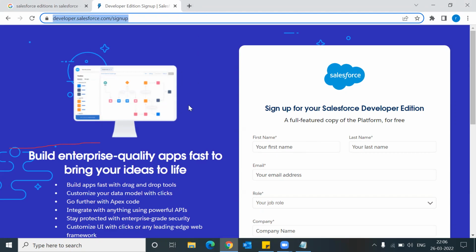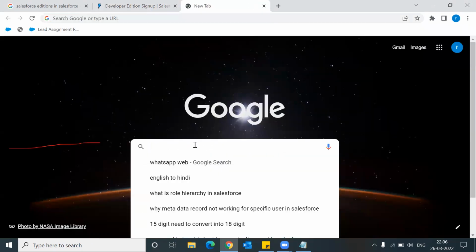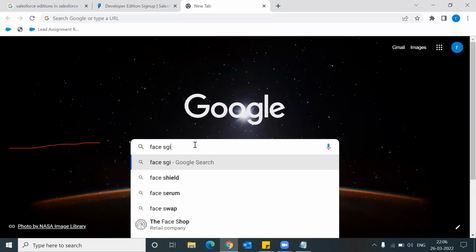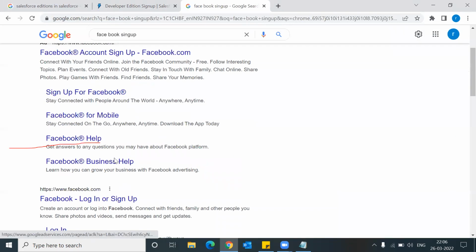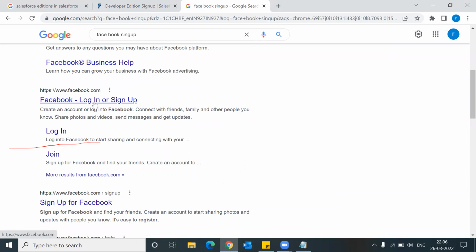Salesforce is just like Facebook or Gmail. If you want to create a Facebook account or a Gmail account for the first time, you go to Google and write Facebook sign up, suppose you forget the link, press enter, and you get the login or sign up page.